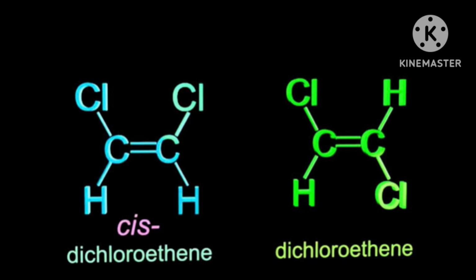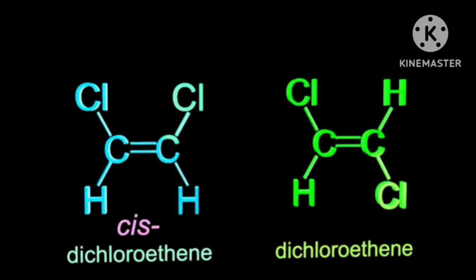These two are called position isomers, because only the position of the double bond is changing. First it was at carbon number 1, and in the next structure the double bond went to carbon number 2. Hence these two are an example of position isomers.